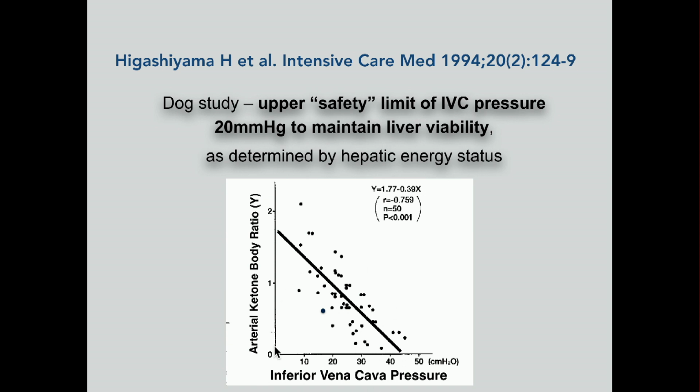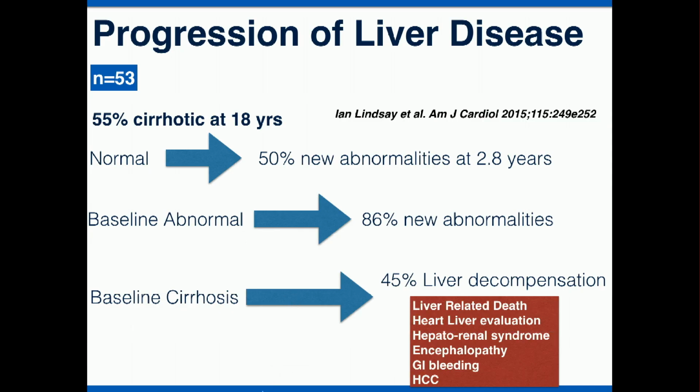And the arterial ketone body ratio, as this goes down, is an indicator of the energy status of the liver and really how much damage occurs within the liver. And you can see, really, by the time you hit 20 to 30 millimeters of mercury, there's significant effect on the liver in terms of the redox state, in terms of arterial ketone body ratio. So the venous pressure in itself has potentially a very important role to play as the pressures increase.